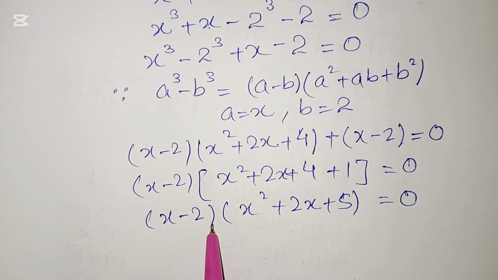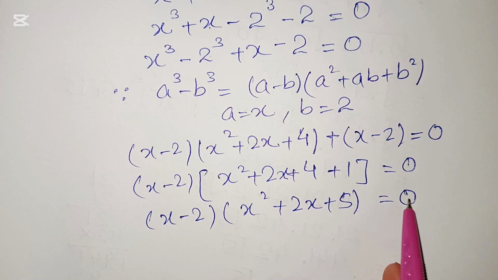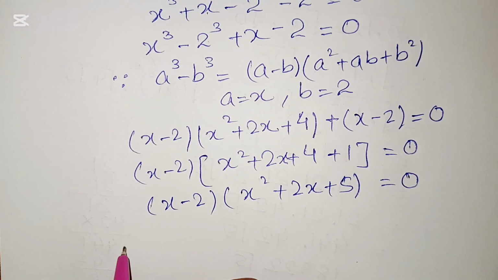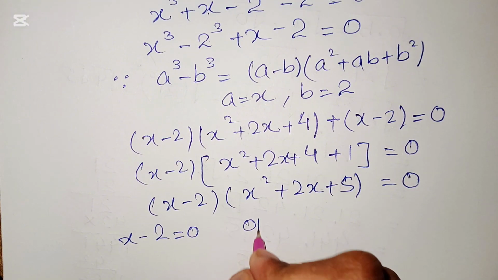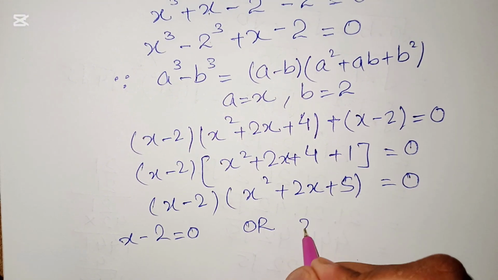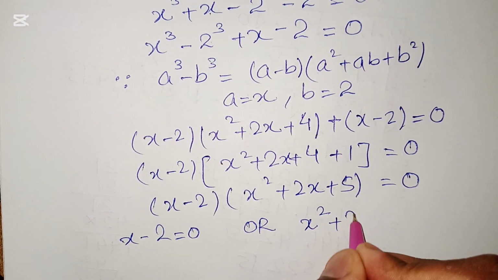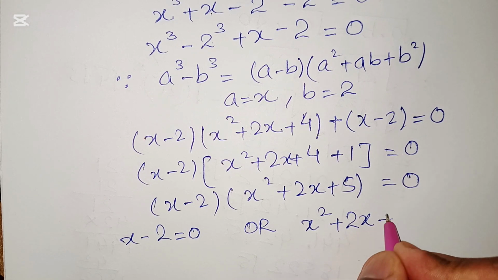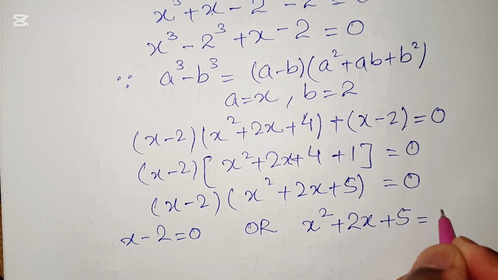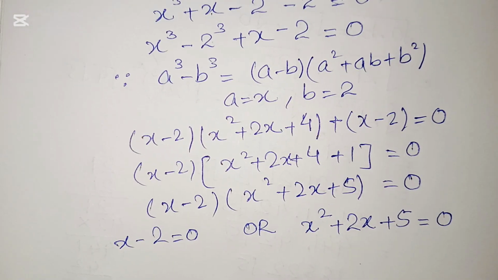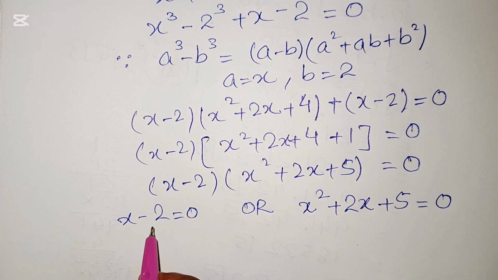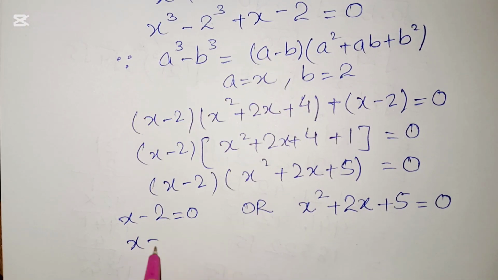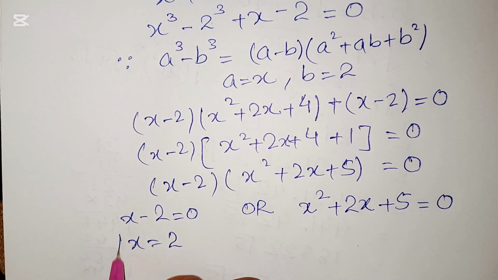So either this will be equal to 0 or this will be equal to 0. So case 1 is x minus 2 equal to 0, or x square plus 2x plus 5 is equal to 0. First deal with case 1, add 2 on both sides, we get the first value of x, which is 2.